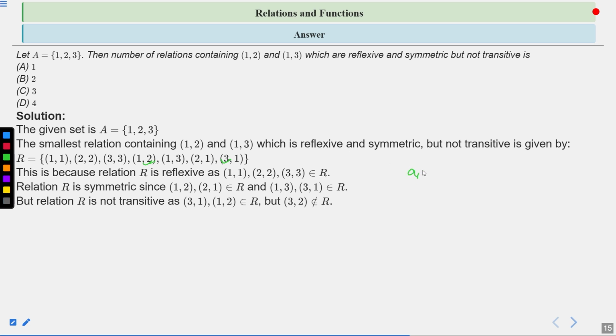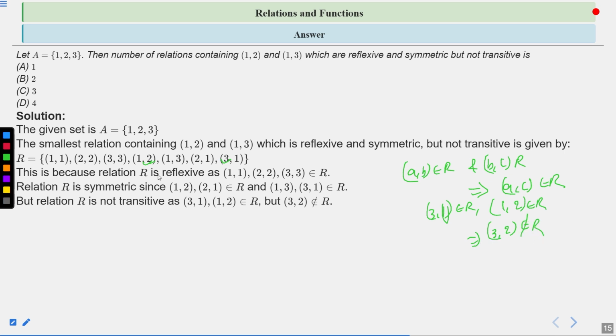If (a, b) belongs to R and (b, c) belongs to R, then (a, c) must belong to R. You can see that (3, 1) belongs to R and (1, 2) belongs to R. So by the condition of transitivity, (3, 2) must belong to R, but it does not. Is there any element containing (3, 2) in R? No, right? So (3, 2) is not present, and the relation R is not transitive.